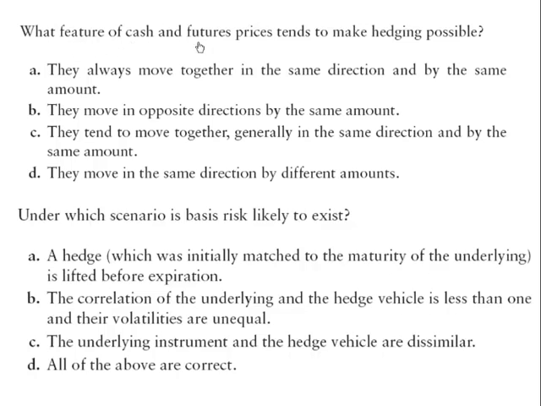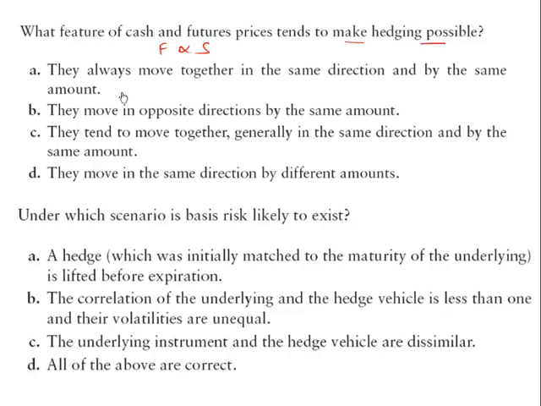What feature of cash and futures prices tends to make hedging possible? That is, the futures price and the spot price, how are they related? Do they always move together in the same direction and by the same amount?